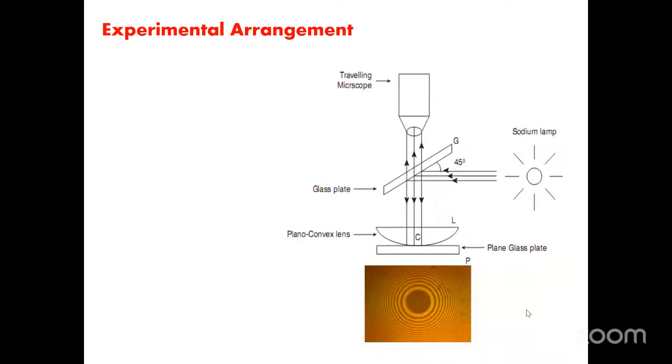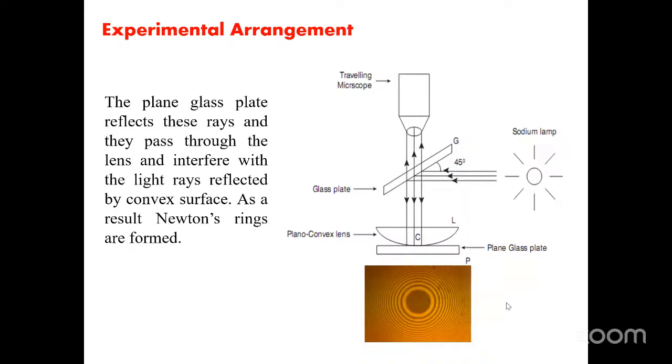So this is the experimental arrangement here. The sodium vapor lamp is a single colored source, with a wavelength of 5893 Angstroms. The plain glass plate reflects these rays, and they pass through the lens and interfere with the light rays reflected by the convex surface. So these come first downwards, and after reflection move in the upward direction. These two are superimposed.